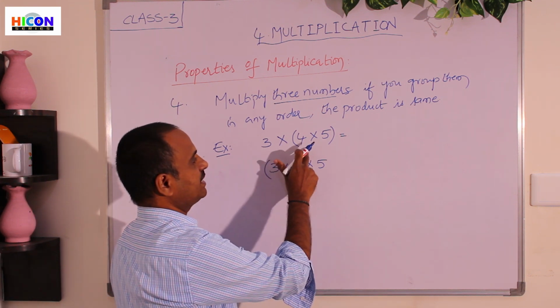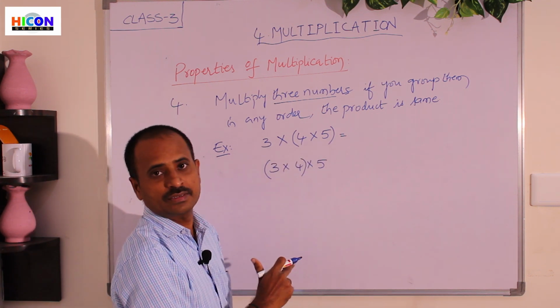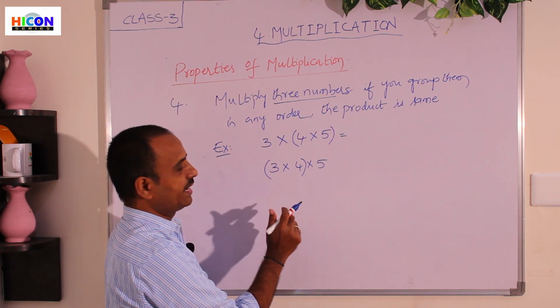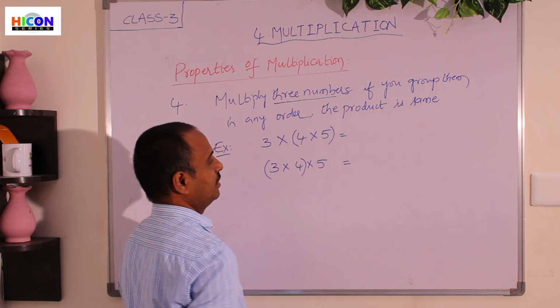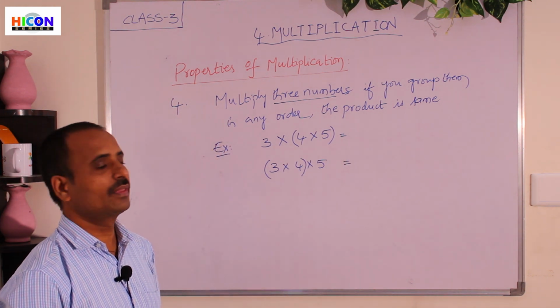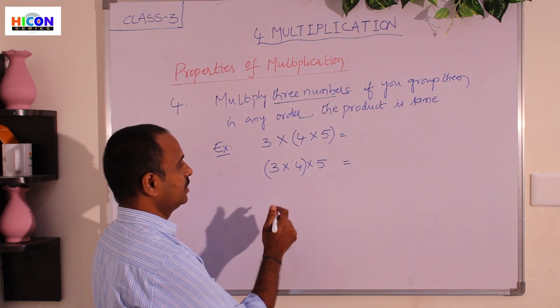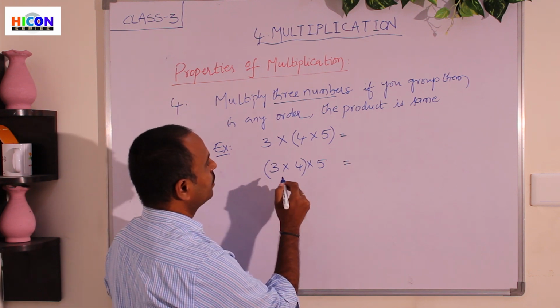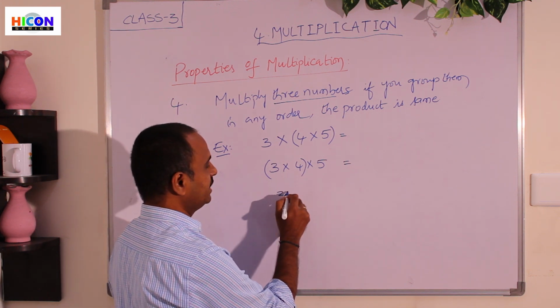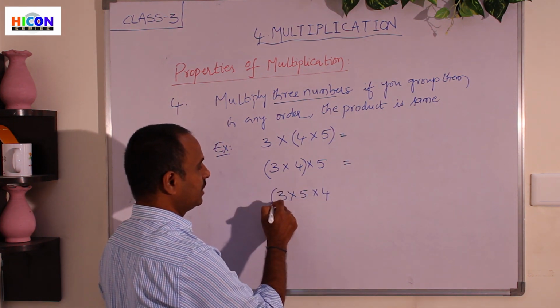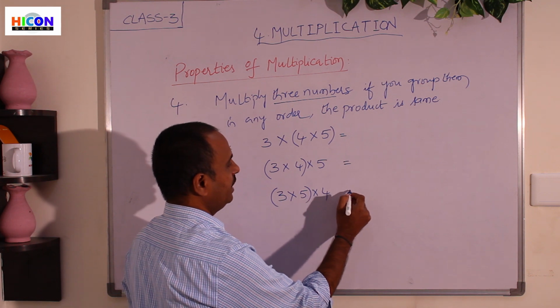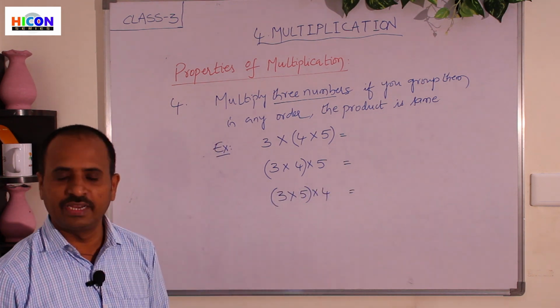So in the first case I have grouped the last two numbers and in the second case I have grouped the first two numbers. And in the third case I will group the 3 and 5 and again find how much answer we will get.